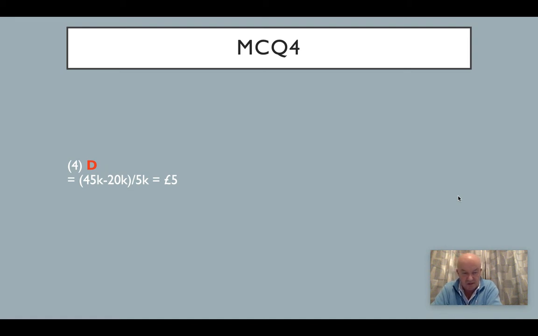To calculate the difference, we take the total cost of £45,000, take away the fixed cost of £20,000, and then divide that by 5,000 units to give the answer of £5. So that's the reason for multi-choice question 4 having the response D.